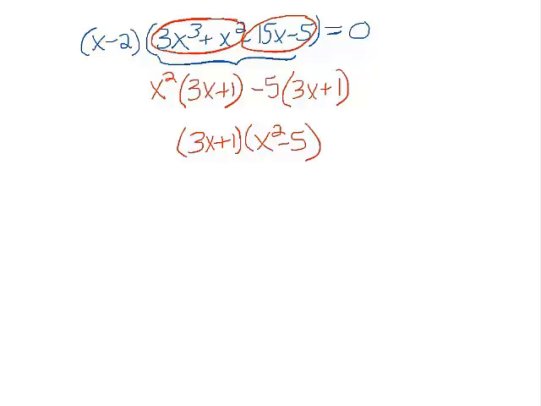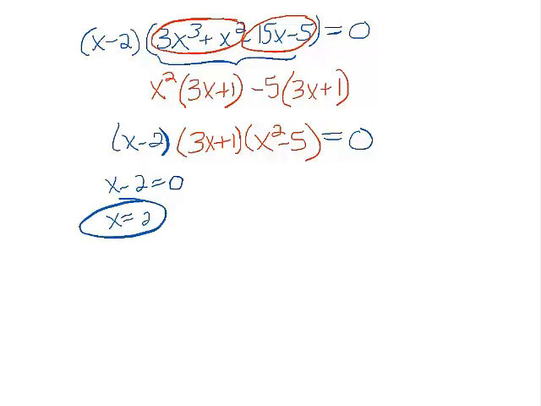Excellent. So I still have my factor x minus 2. I now have another linear factor, 3x plus 1. I have a quadratic factor, x squared minus 5. And that's equal to 0. So I can solve linear equations, right? One of my solutions was 2. We already knew that one.